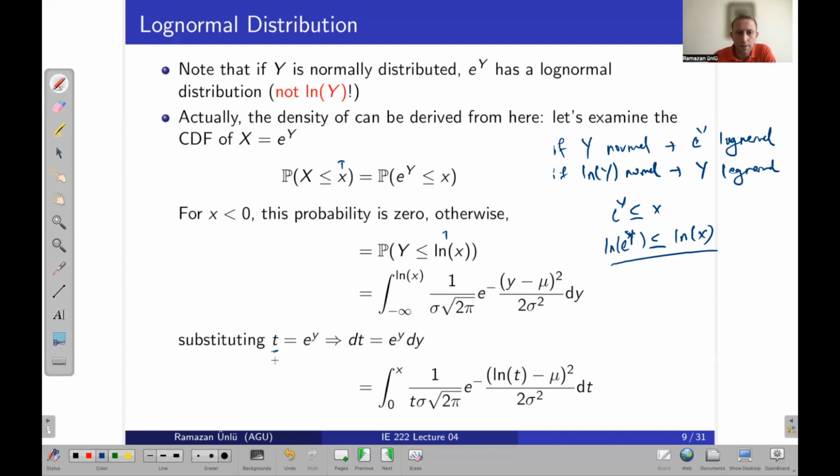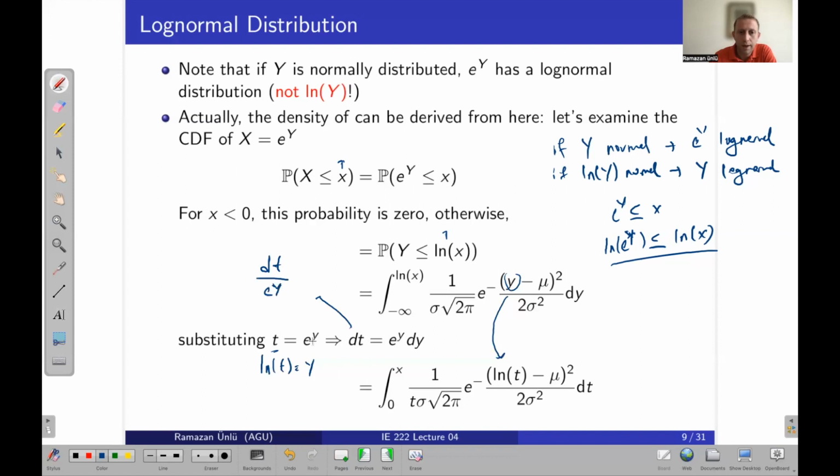Because if we take the ln of this t, then ln of t will be equal to y. So instead of y, we can write the ln of t. And instead of dy, we can write dt divided by e to the y, right?